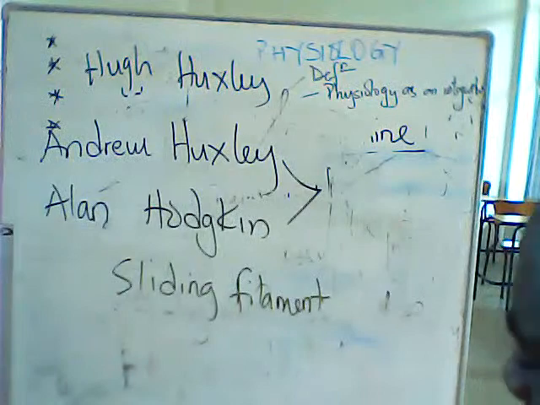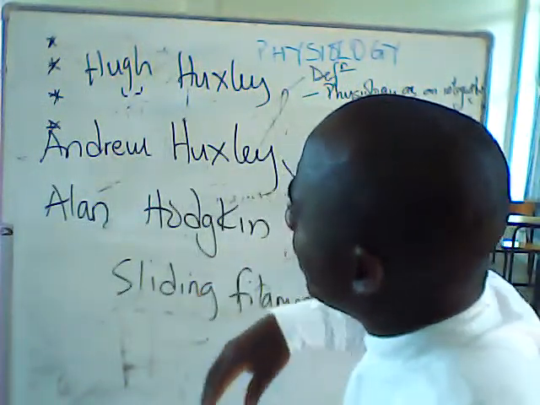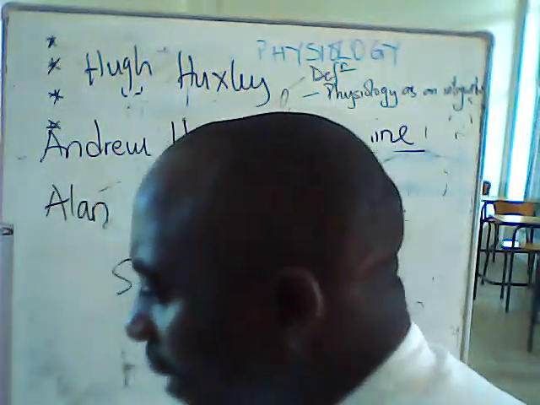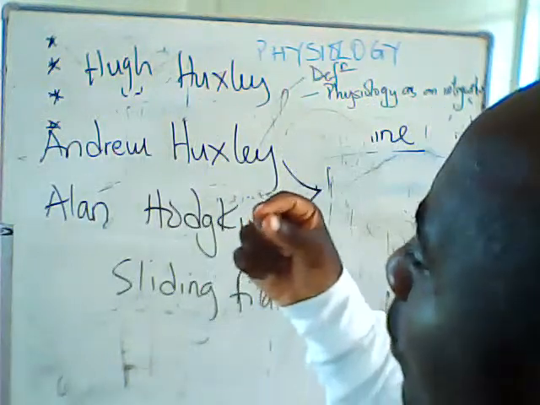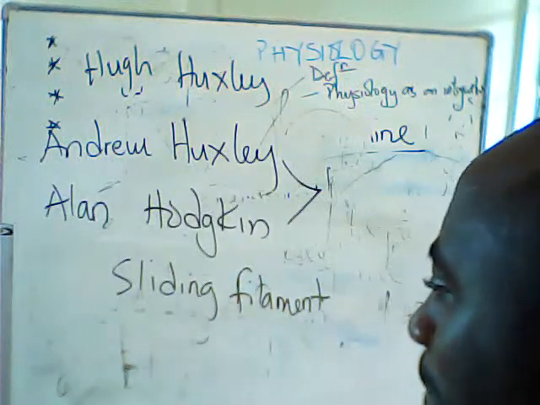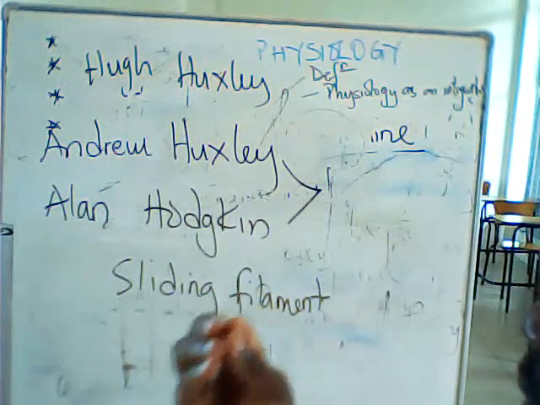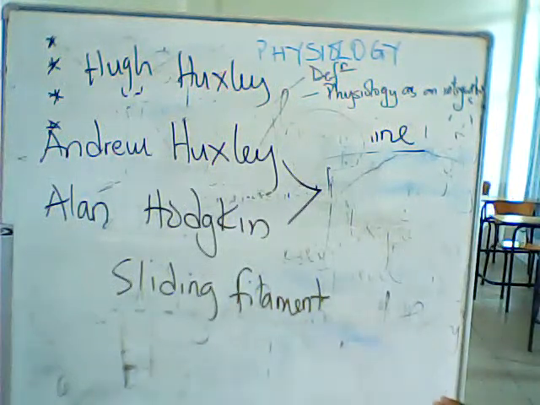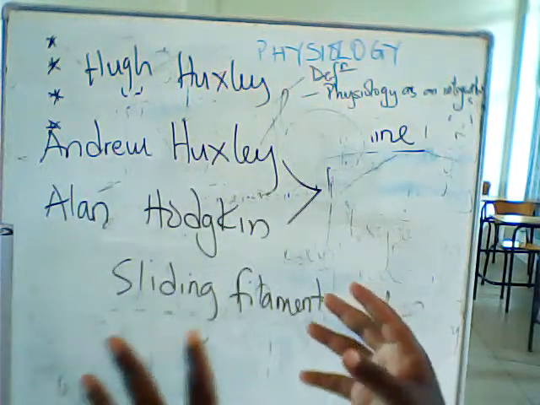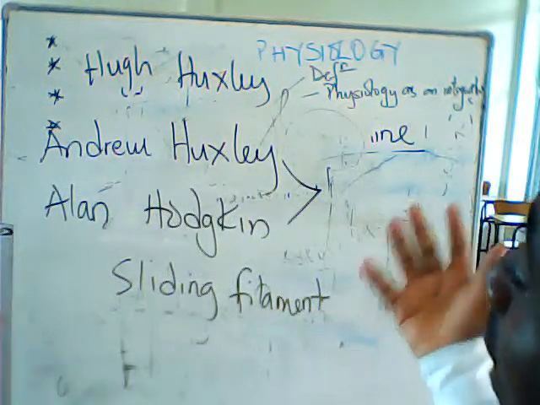Remember, we mentioned that Theodore Schwann and Matthias Schleiden described the cell theory, saying that the cell is the structural and functional unit of a living organism. That means within a cell, you can understand the organism. These cells have processes that sustain themselves and contribute to the sustenance of a living organism.